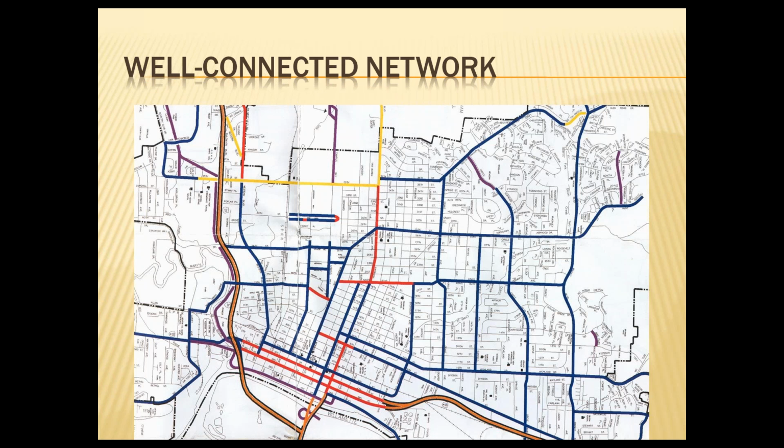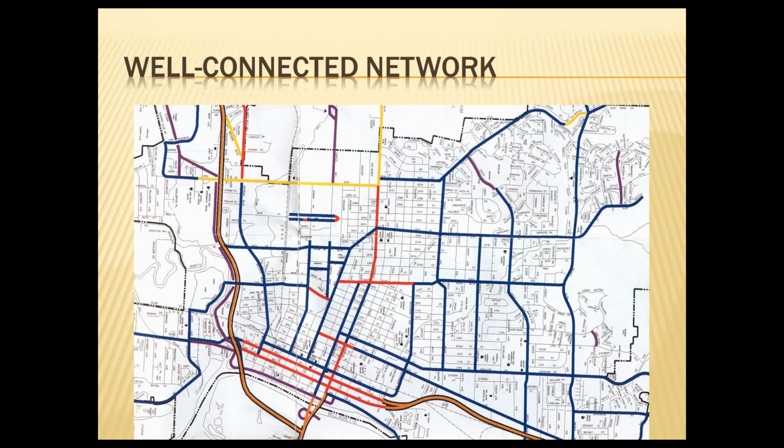And so here, we have an example of a street network in a community. In the residential streets, you might not need to have anything in particular for that to be a comfortable biking facility.